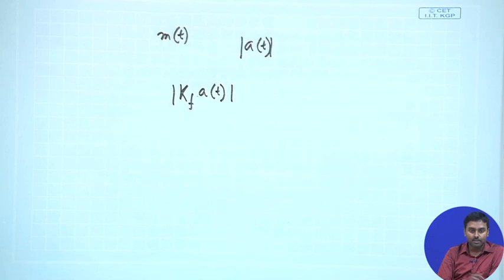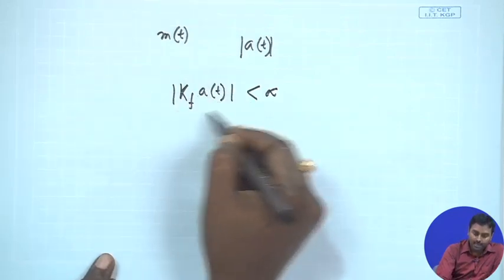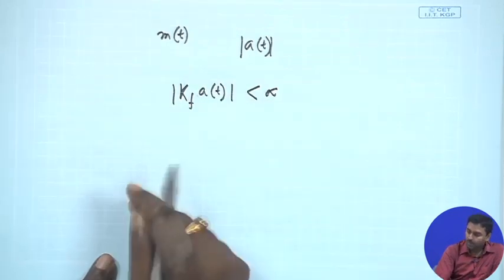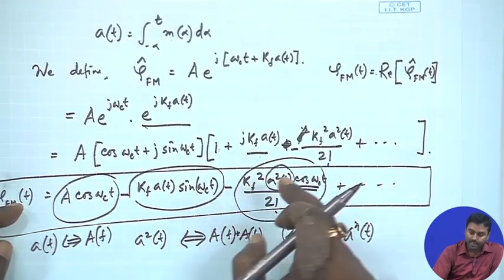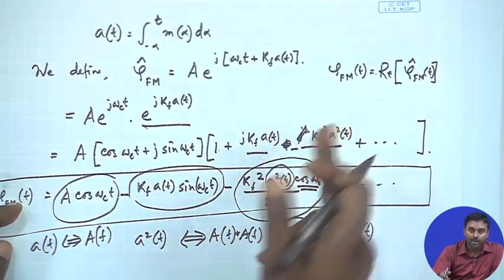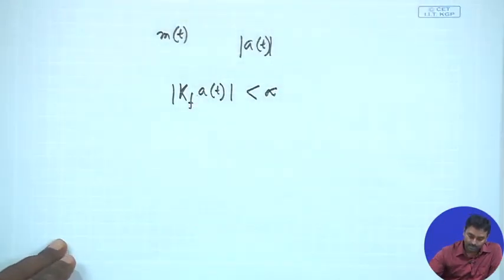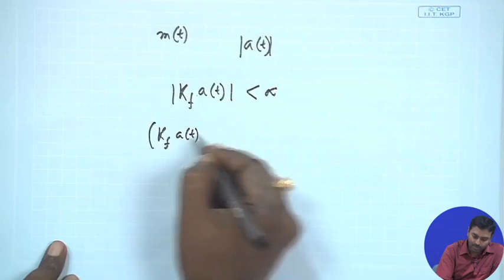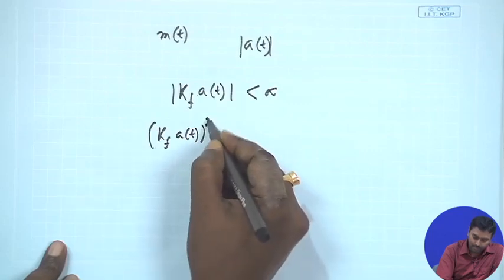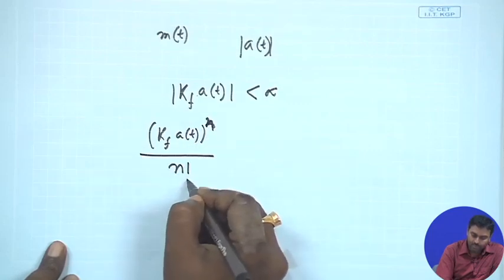So, this must be less than infinity. Now, for a bounded value, the nth term, if we inspect, has K_f A(t) to the power n divided by factorial n.